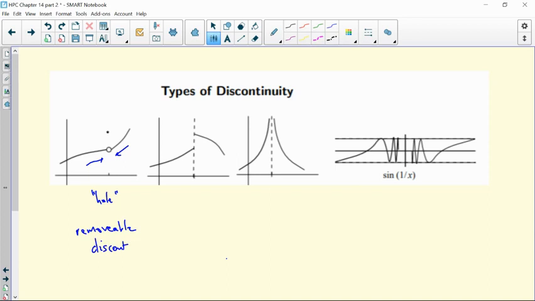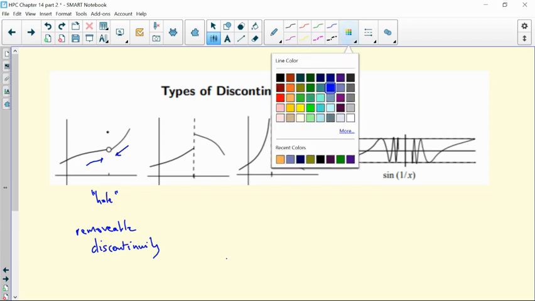The idea is that the limit from the left, the limit from the right, and the function value don't all equal each other. But it is certainly possible to assign one value to fill that hole. If you can fix the discontinuity with one value, that's what makes it removable. If you can't, then we call it non-removable.